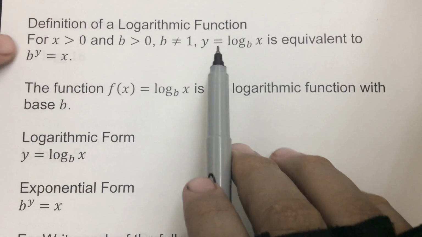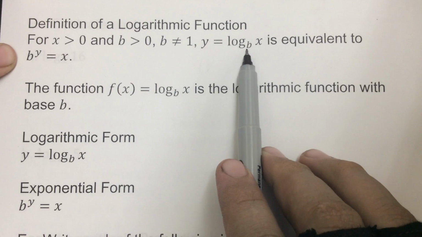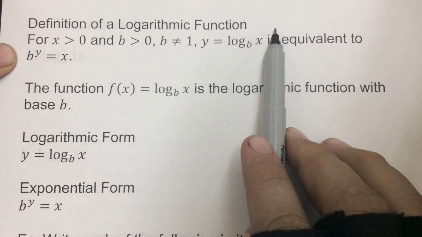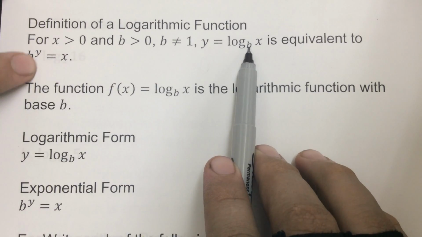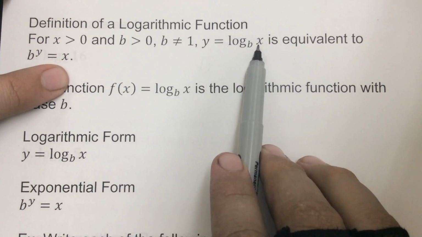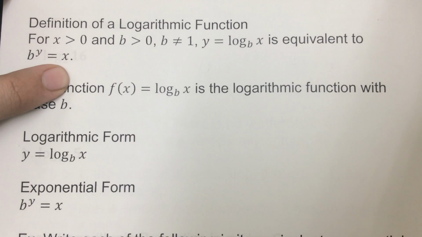So what this is doing is it's finding what exponent would be on this base in order to get this number. So b the base, y the exponent, x would be your solution. Okay, so think of the number x being expanded out to whatever that exponent will take you to.